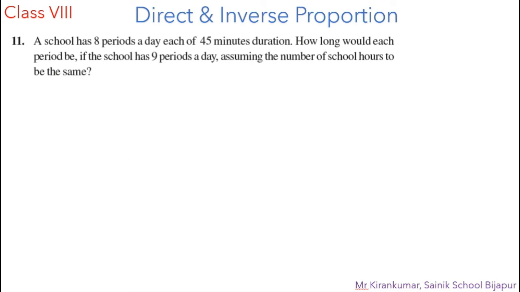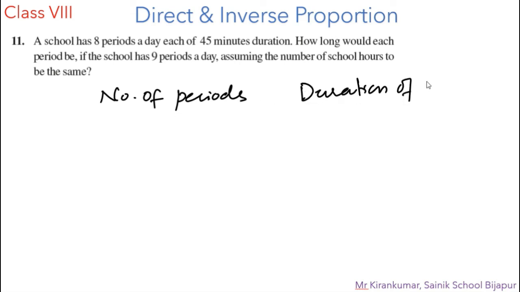They have mentioned the number of periods and the duration of periods in terms of minutes. 45 minutes each duration when the number of periods is 8. If the number of periods is made 9, what would be the duration?